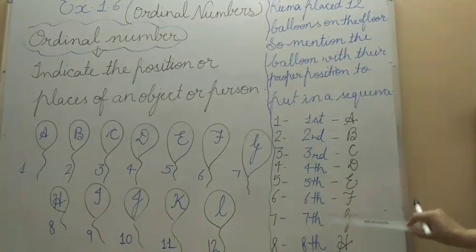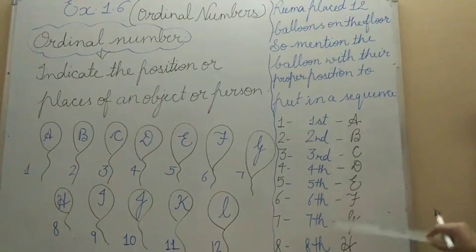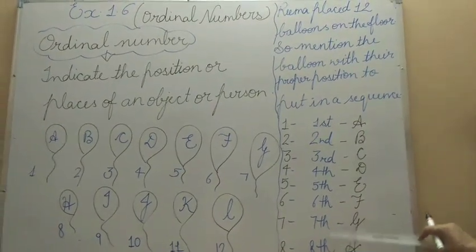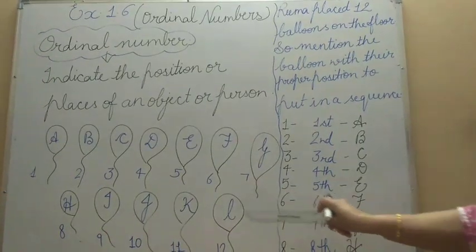These are ordinal numbers. They tell the position of anything or a person. In this way we can show other balloons' places also, on which place they are.